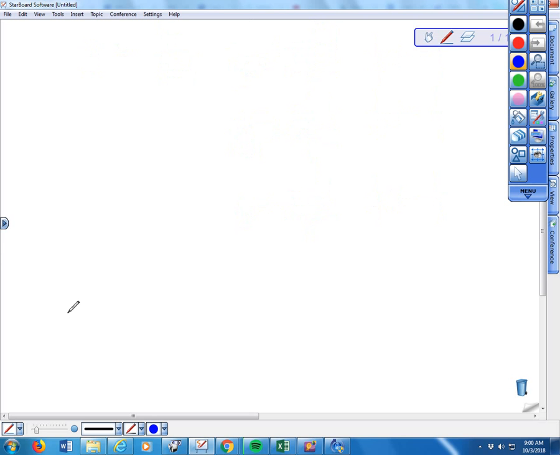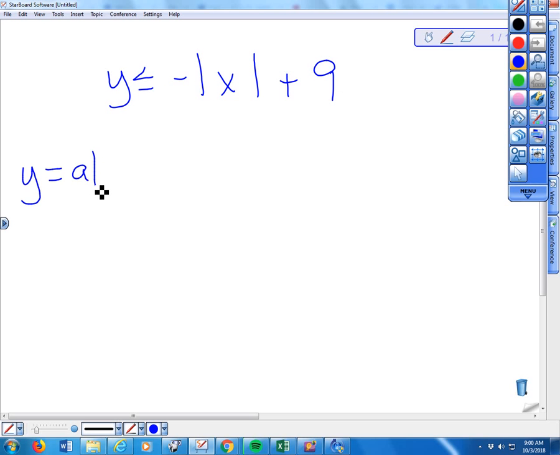Okay, this problem, I gave you a hint, and said rewrite it like this. The general form of an absolute value function is this, where h, k is what?